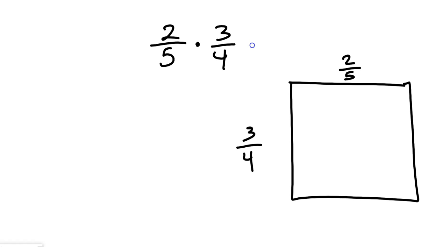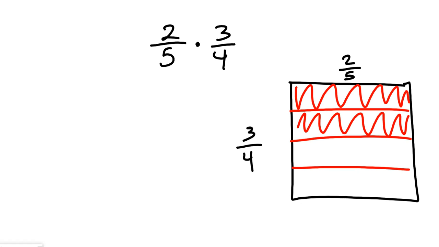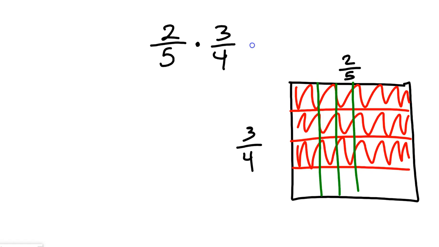I'm going to break this into fourths, going this way. 1, 2, 3, and I'm going to shade in 3 of them. 1/4, 2/4, 3/4. Now I'm going to break into fifths, going the opposite way. 1, 2, 3, 4, and I'm going to shade in 2/5.